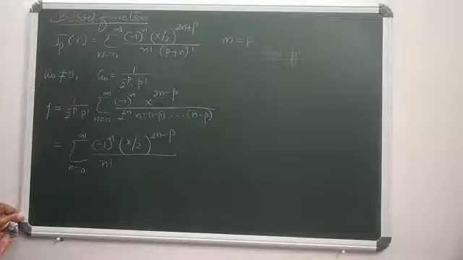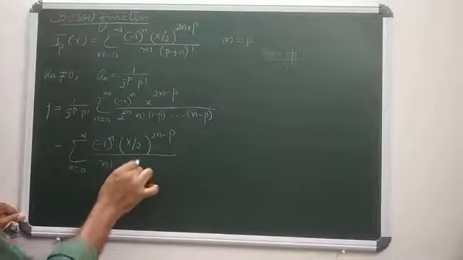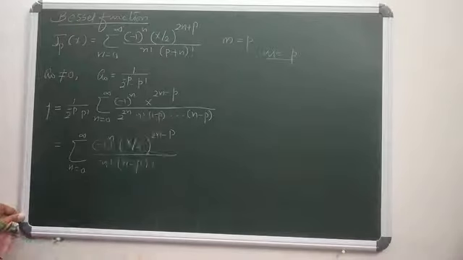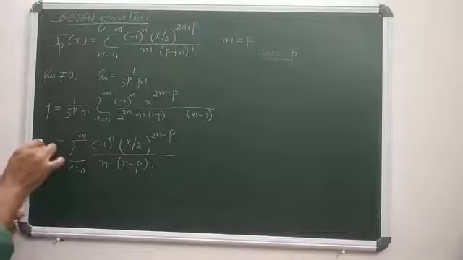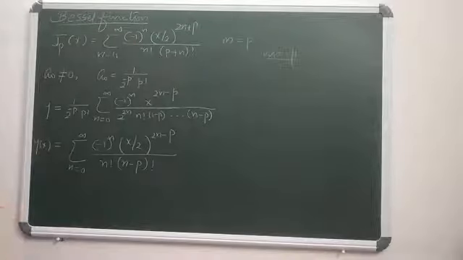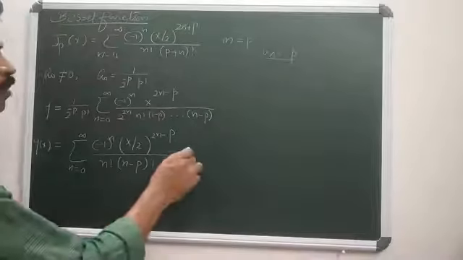n minus p, so it is n factorial into n minus p factorial. So you can see that this y of x equals sigma n ranges from 0 to infinity (-1)^n (x/2)^(2n-p) divided by n factorial (n-p) factorial.